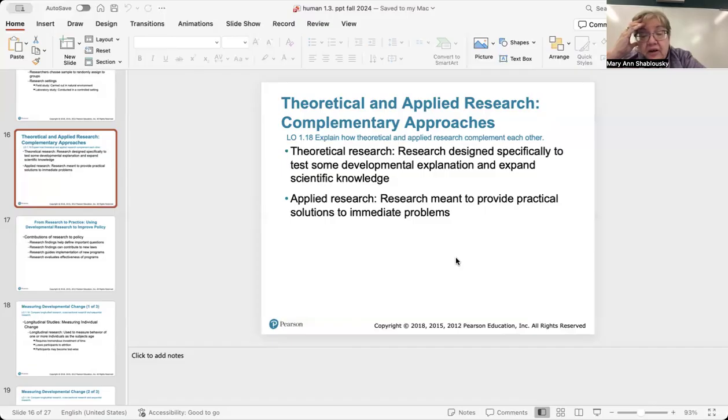Whereas when we apply our research, it's meant to be something practical, to solve something immediate. So say an issue like with COVID, how do we help people get through this thing? It isn't theoretical. It would be trying to help people who were developing anxiety and stress disorders because of COVID.